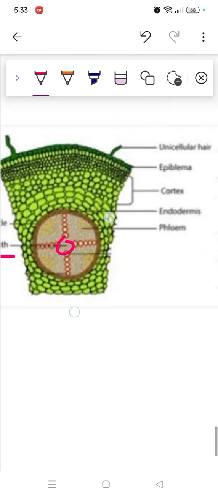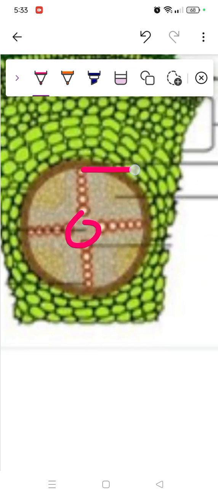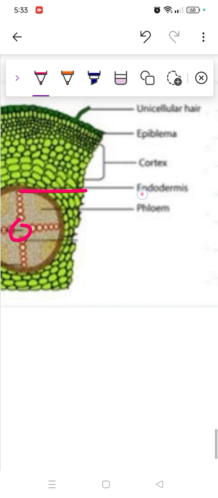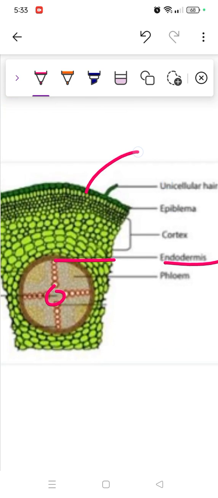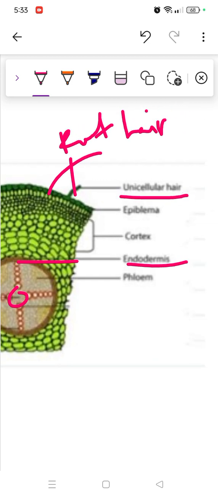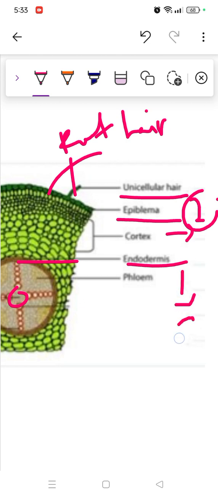Near the end, you will see the endodermis, the first layer here. Here are the root hairs, which help in extending the area. These are also called unicellular hairs. Second we have the epidermis, which is considered the first layer because root hairs are not the first layer. Then we have the cortex, the inner region. Then the endodermis, which is the third layer.